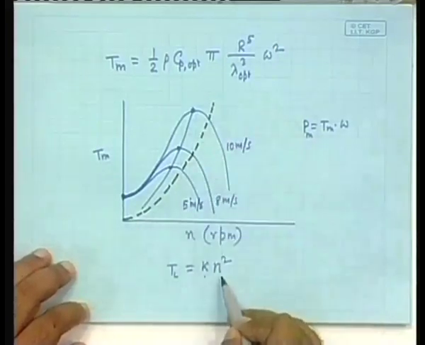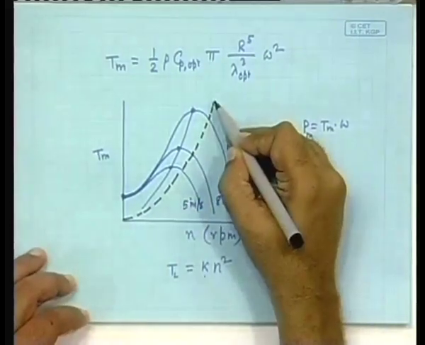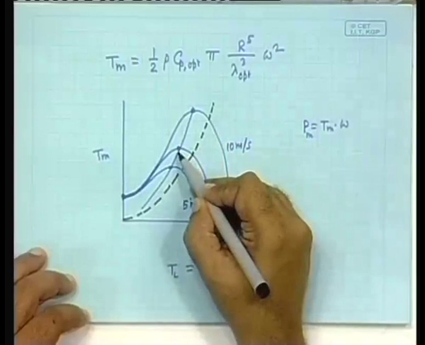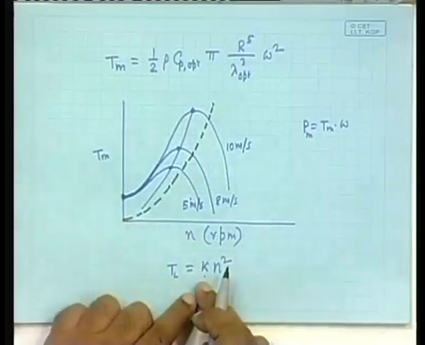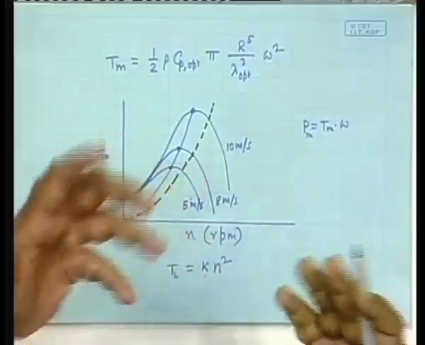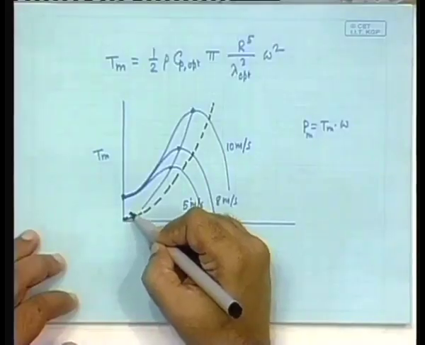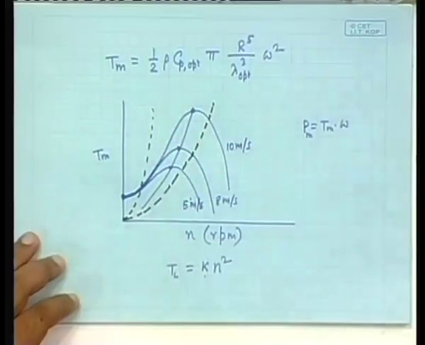This is also a parabolic relationship, but it does not go through the peak because the k has been chosen wrongly. So, the k should be chosen correctly. If it is a further wrong choice, say to the higher side, then what happens? It goes like this.